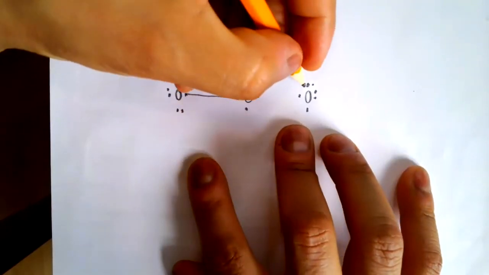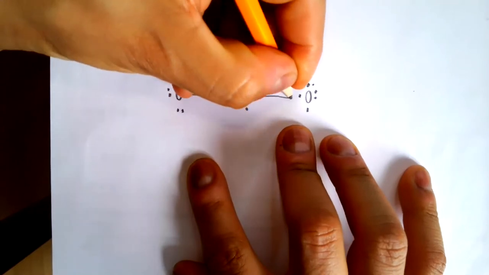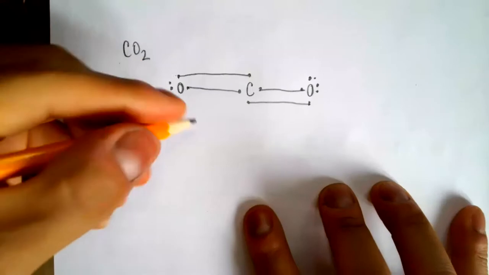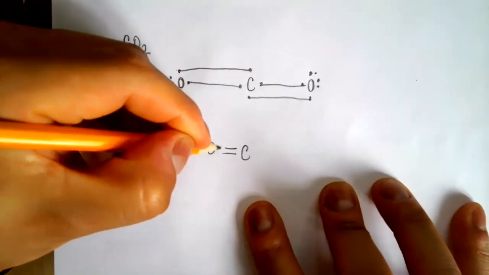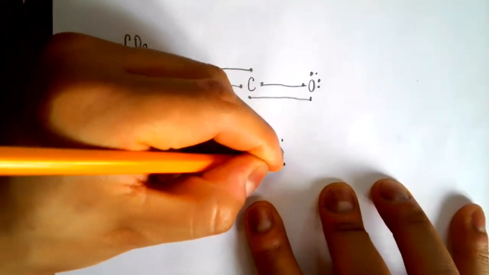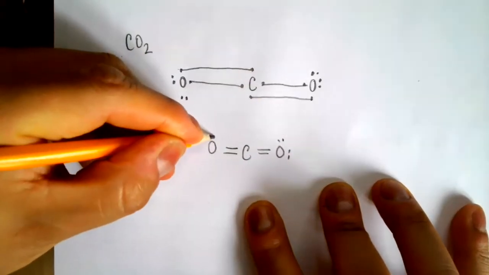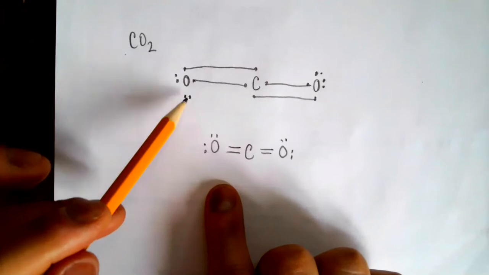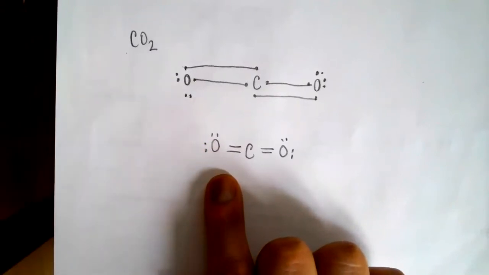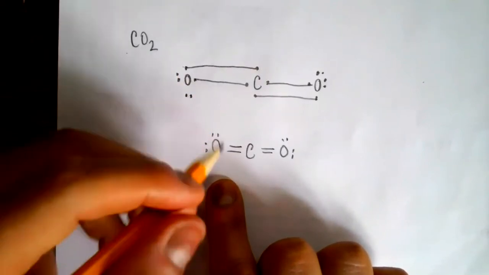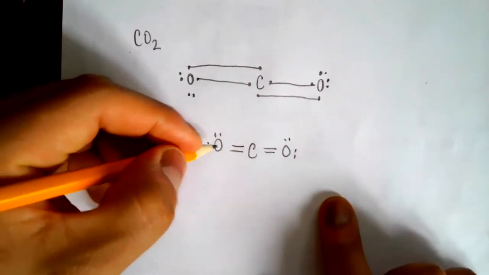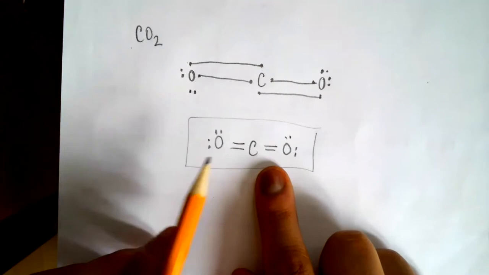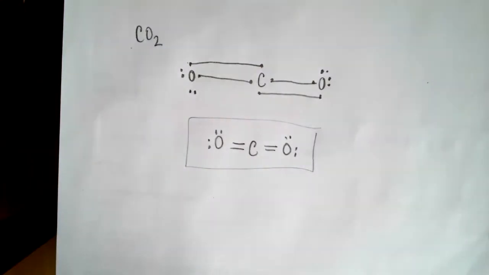What about the other oxygen? The other oxygen also has 1 here and 1 here. So what is the result? Oxygen, carbon, oxygen. You would say, oh, why were these 2 lone pairs down? Now you put them up. Doesn't matter. It doesn't matter where you put them, as long as you have the lone pairs of electrons showing. So here is what we call the double bond, or a double covalent bond, right?